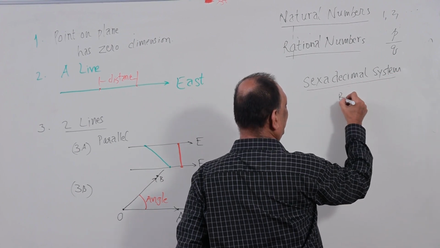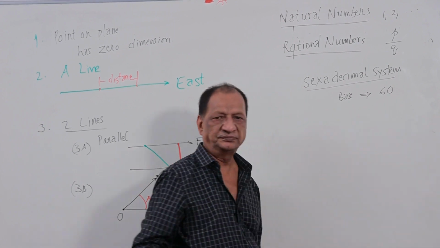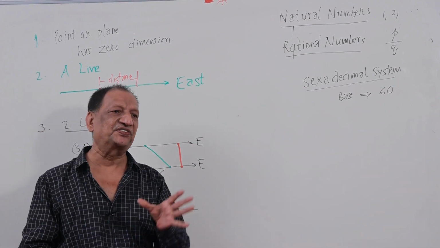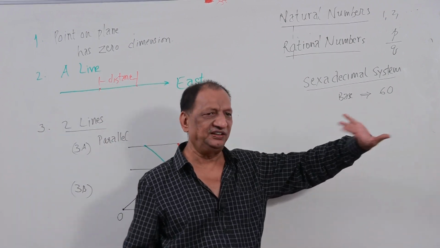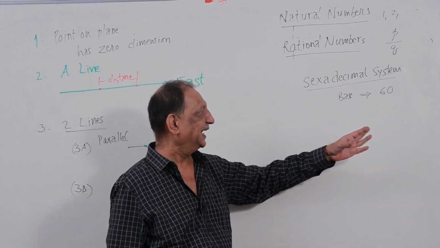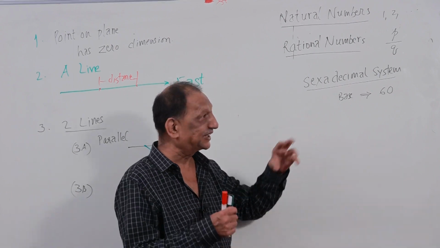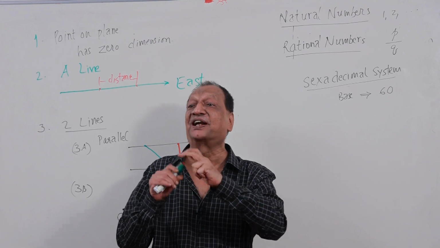Hexadecimal system is, base is 60, not 10. They used 60 as the base for their number system. So 60, it's a vague number, but they liked that number, so they used that. And since most of the computations were done at that time using this base system, 60 became a very important number at that time.